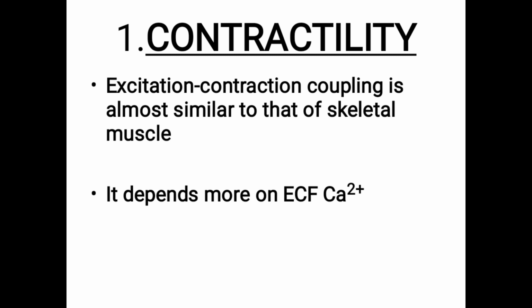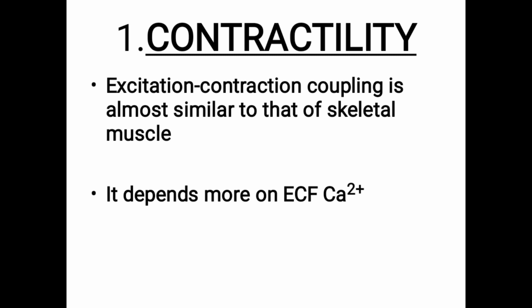The SA node produces the impulse, and the atrial and ventricular muscles get excited. After excitation, they show a response like contraction. That is called contractility.